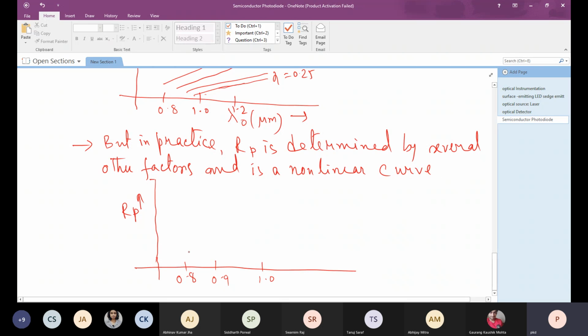But for silicon photodiodes, it may start down to 0.2, 0.25 micron or so, that is down to UV.